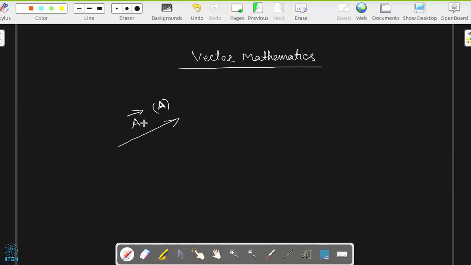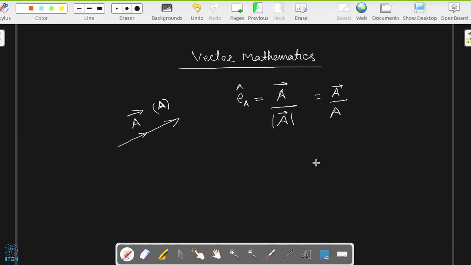Okay, and this is the origin or tail of the vector, and this is the head of the vector. And the unit vector, which shows the direction, is generally represented as e_A cap, and this is the vector divided by its magnitude.